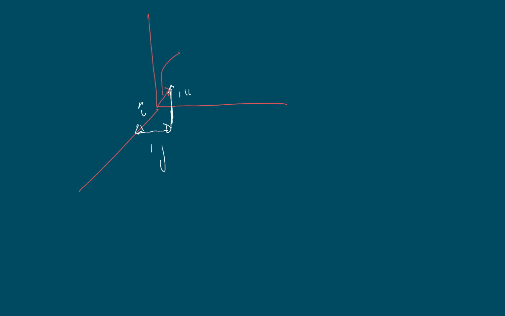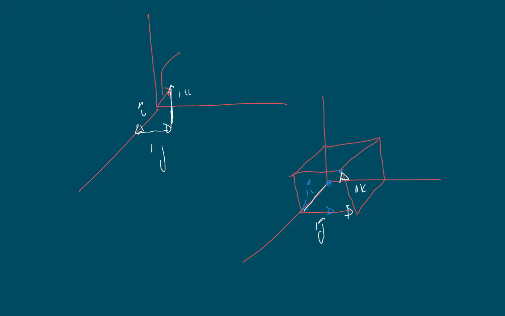To visualize the vector, it's maybe better to draw something like this, and the vector goes from the origin to this vertex: 1i, 1j, and 1k. 1i plus 1j plus 1k will be this vector, the vector that goes from this point to the corner of the cube.